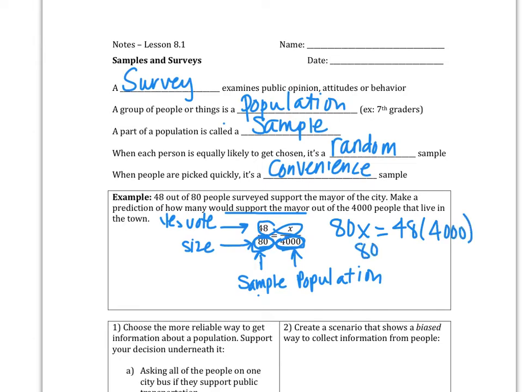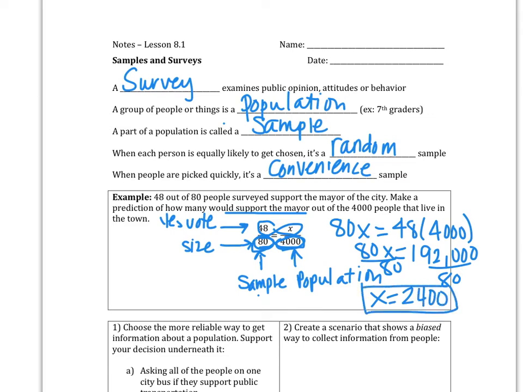So we get 80x equals 192,000. Solve for x, so we divide both sides by 80, and we get x equals 2,400. So this is the actual number of yes votes of the whole population. Right here, we were solving for that x.